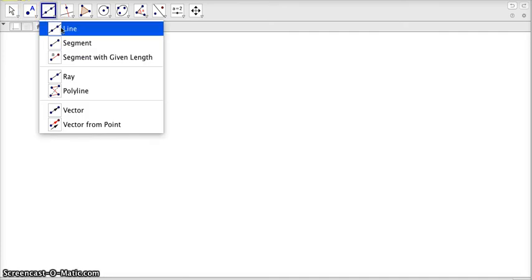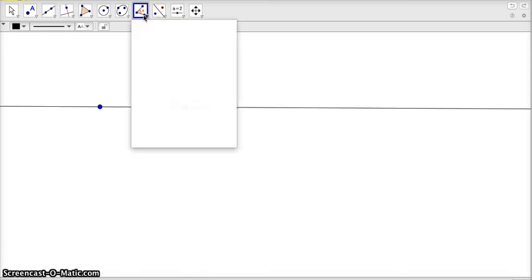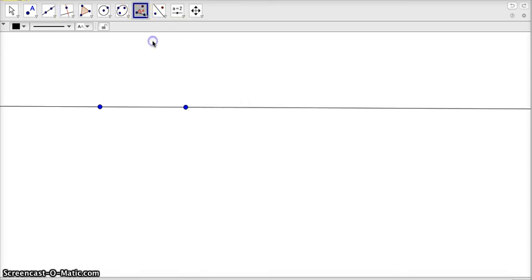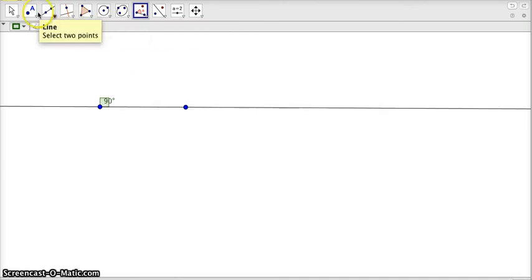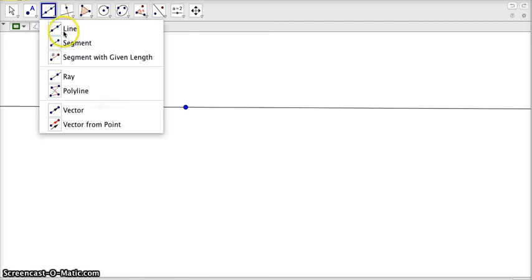So again, if I start with a line here, just 2 points, once I've created that line, if I try to make a perpendicular line, I can see from angles before, we know that perpendicular lines always create right angles.